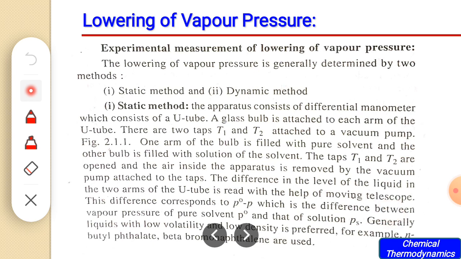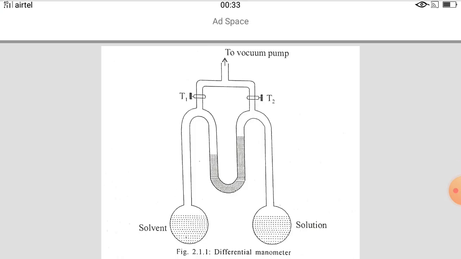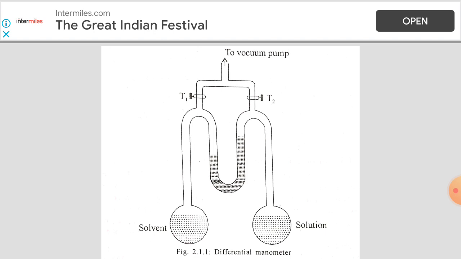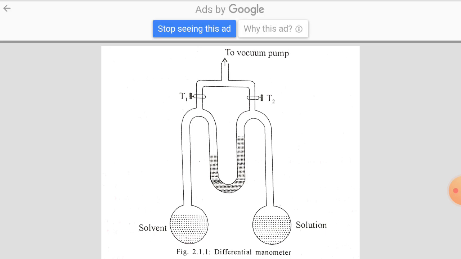This difference between the levels of liquid corresponds to what? P minus P0, which is the difference between the vapor pressure of pure solvent and that of solution. So with the help of this difference in the liquid, I will show you how it looks. This is the simple diagram that indicates the apparatus for the static method.